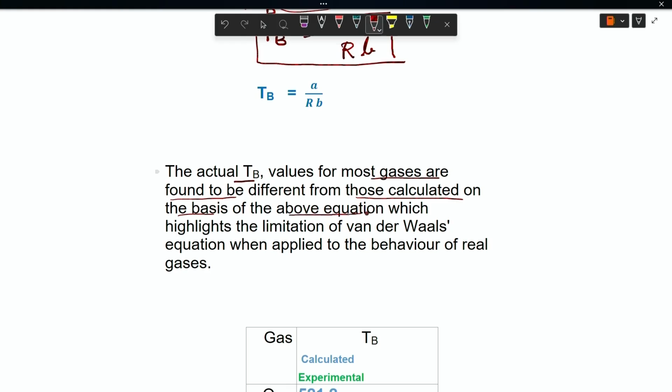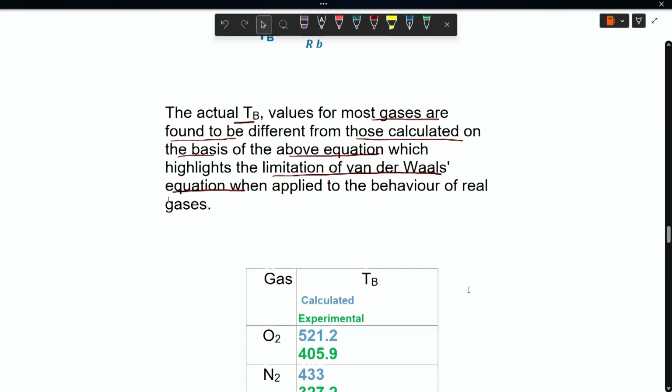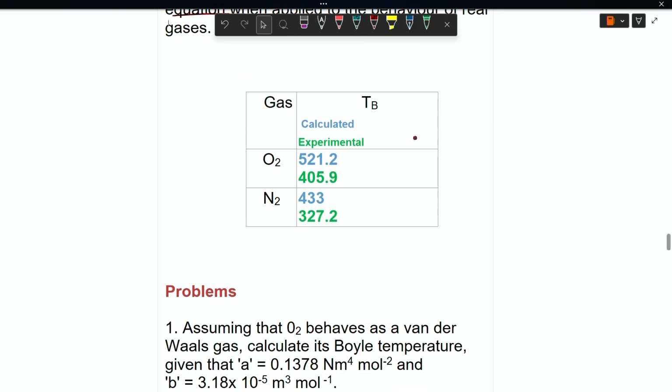Now, the actual TB values for most gases are found to be different from those calculated on the basis of the above equation, which highlights the limitation of van der Waals equation. On calculating the values, it has been found that there are some deviations, which shows that van der Waals equation is not a perfect solution for real gases. Here, they have taken two gases, oxygen and nitrogen, for which we have the calculated and experimental values.